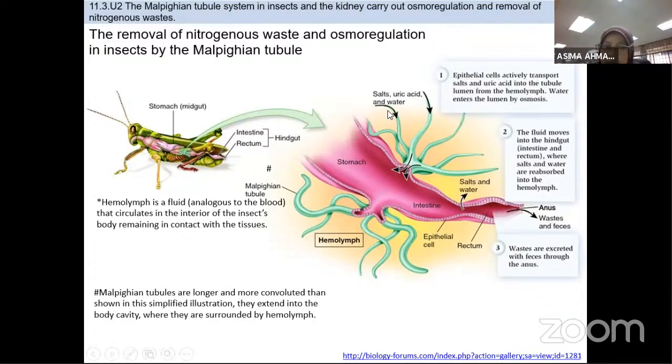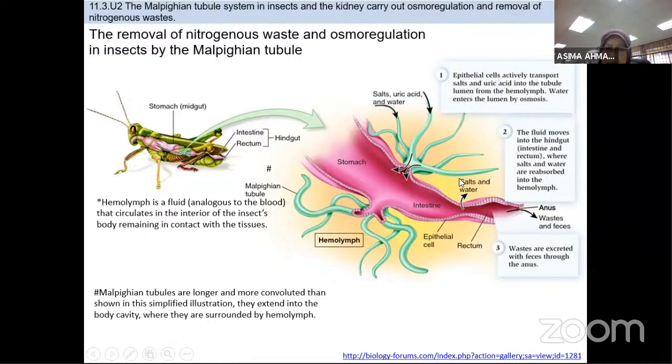Bila salts, uric acid goes into the tubule, this will cause the inside to become more hypertonic, so that water from outside, from the hemolymph, goes into the tubule by osmosis.